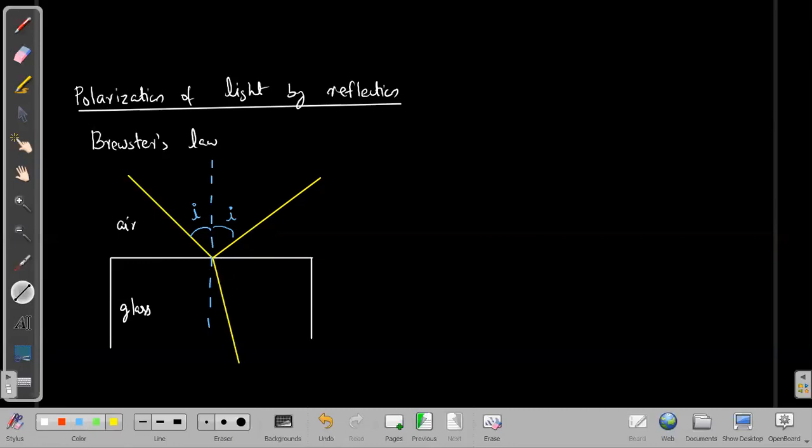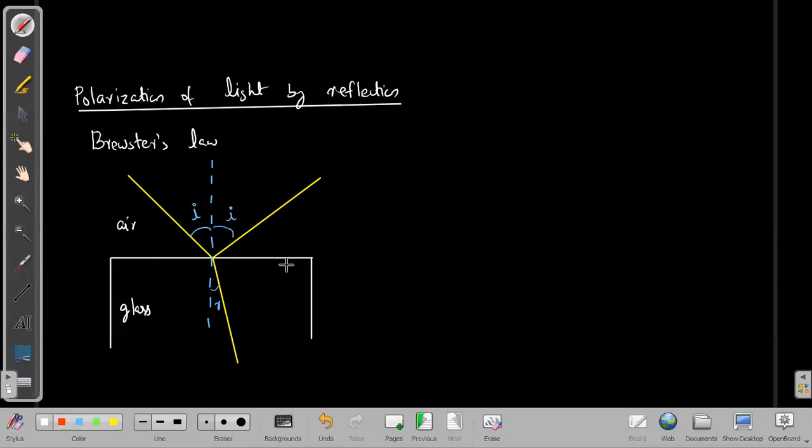And some portion of the light would be transmitted. If it is moving from a rarer medium to a denser medium, then the angle of refraction would be lesser than the angle of incidence. So that we already know. That is why I have drawn the refracted ray close to the normal, and the angle of refraction I denote by the symbol r. i and r are connected using a formula.